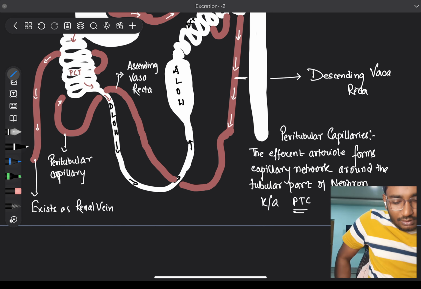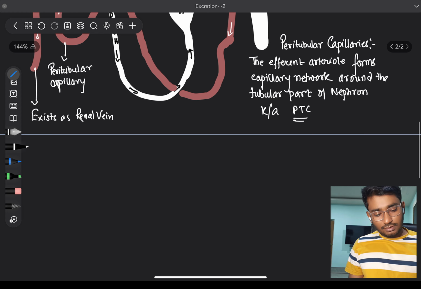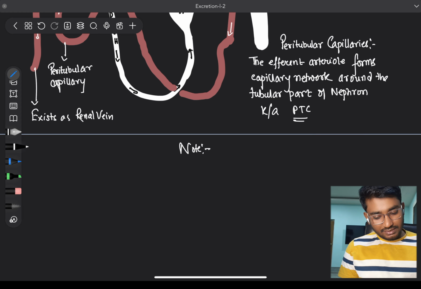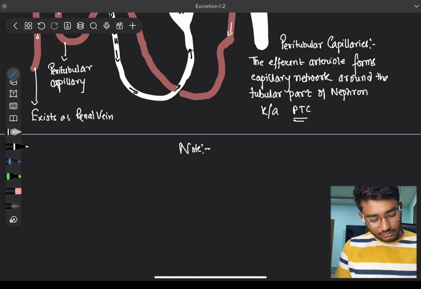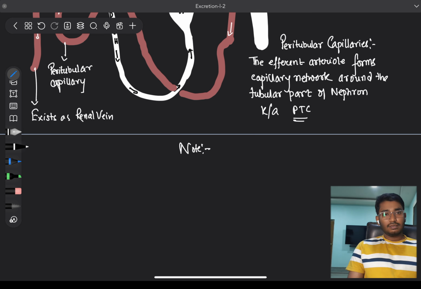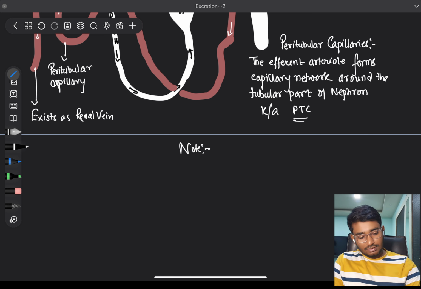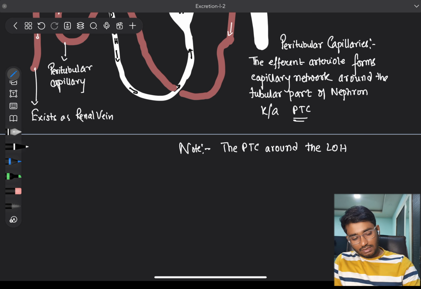Okay, so take it as a note: the PTC around the loop of Henle is known as the vasa recta.